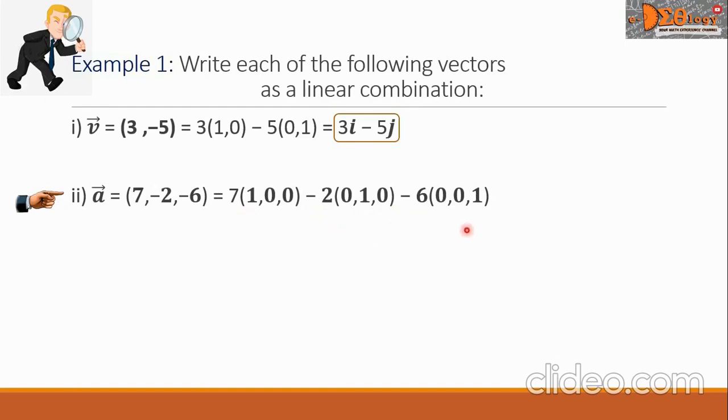We will now replace the triple coordinates with i, j, and k respectively. So, our final answer is 7i minus 2j minus 6k. This is the final answer.